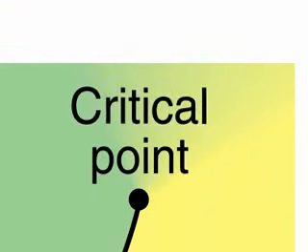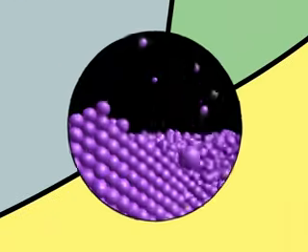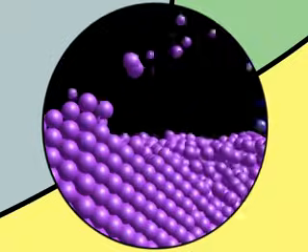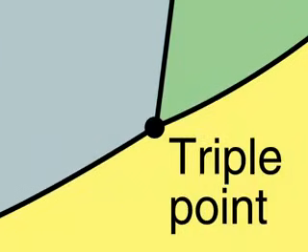At the critical point, the densities become equal and the phase separation between liquid and gas disappears. The second important feature occurs at the junction of the 3 phase boundary lines. At this point, called the triple point, the 3 phases are in equilibrium simultaneously.